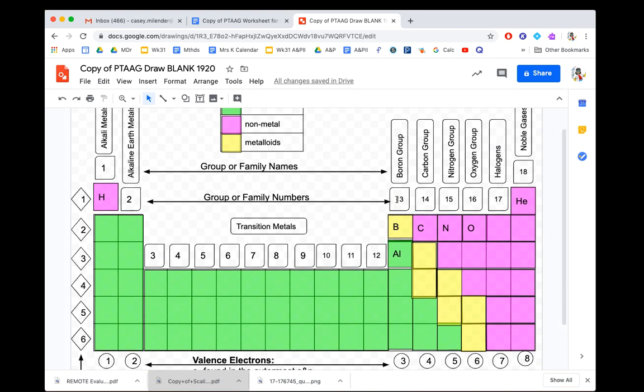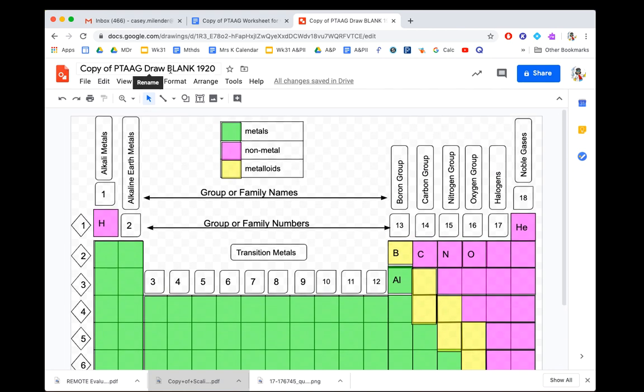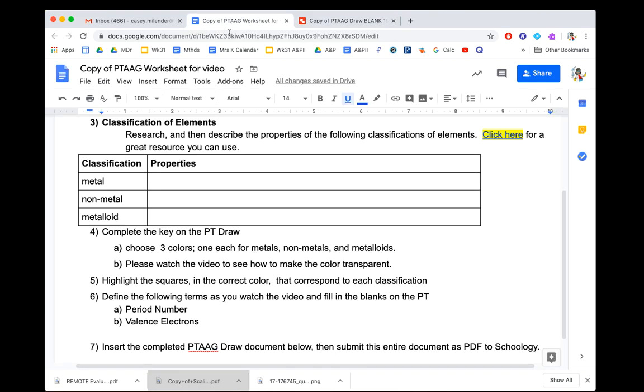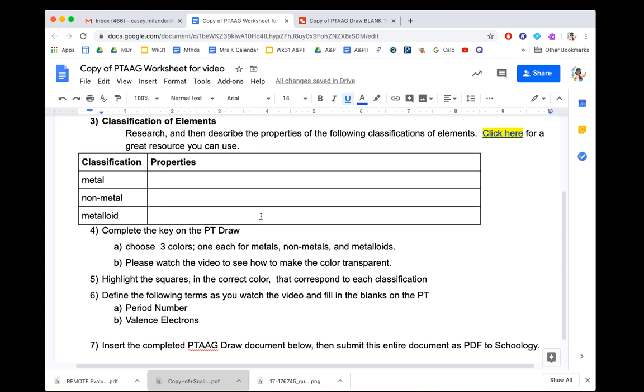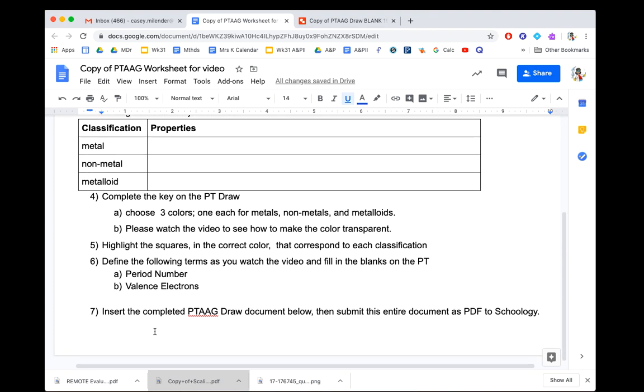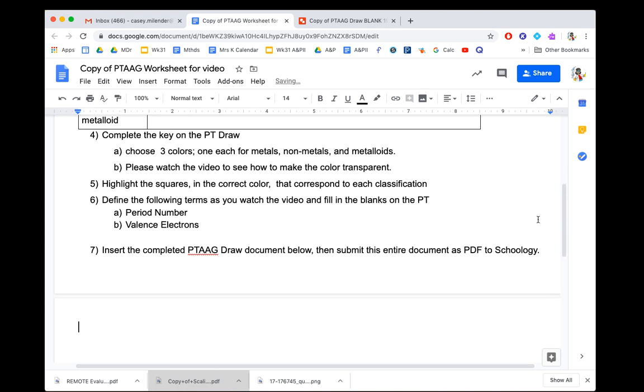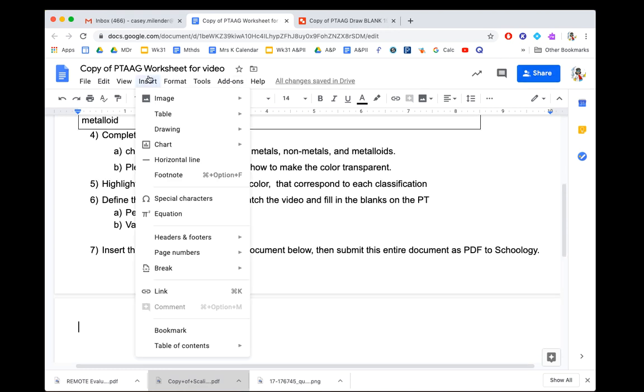This looks pretty good. Make sure you've named this something where you can find it. So you go back over to your periodic table at a glance worksheet. Hopefully you've filled out the properties. Now you're just going to insert, but this time you're going to insert a drawing. And you're going to say from the drive. This is the drawing that you were just working on.